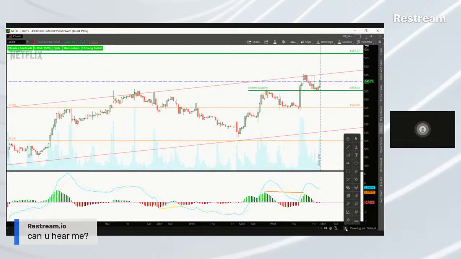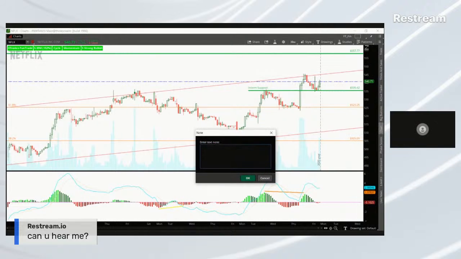So let me make a note. Ideal entry would be 535, with support being 525, resistance being around 549 levels, or I can take it as a channel resistance, which might be around 547.